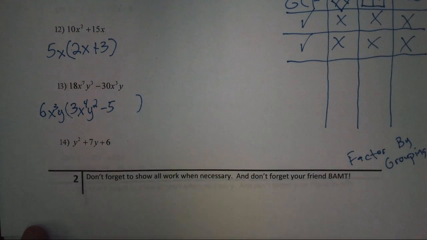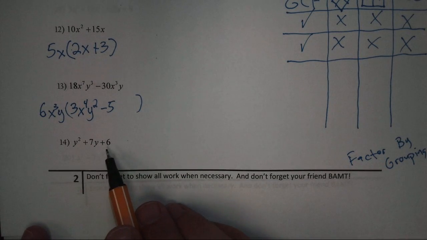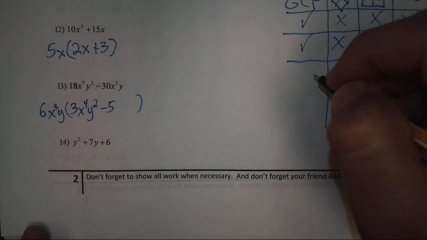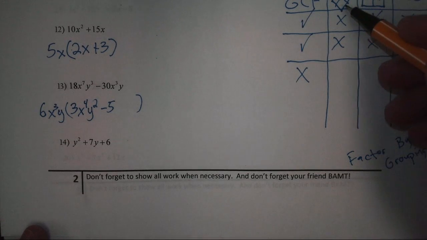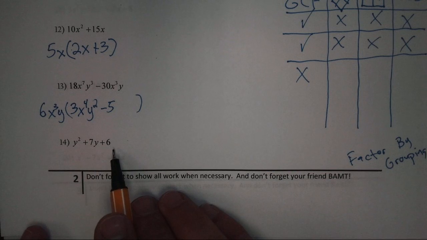All right, number 14. First step, look for GCF. Nothing, no variables in common, nor any factors in common other than 1. But everyone has 1 in common, so we never pull that out. So there's no GCF. Check for a diamond. Yes, it's set up like a diamond, because we have a y squared, a y, and a constant.